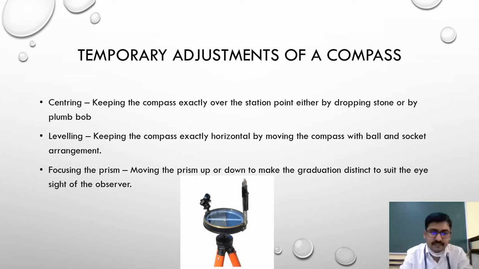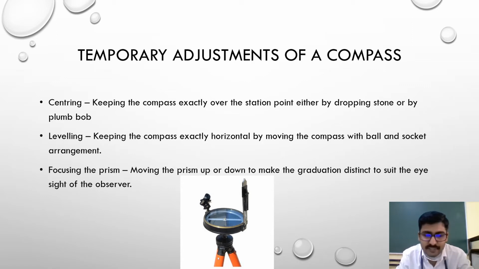Now the third temporary adjustment is focusing the prism. Focusing the prism in the sense that, when you sight a particular point through the slit, you are supposed to read the angle, or nothing but the bearing, of that particular line.